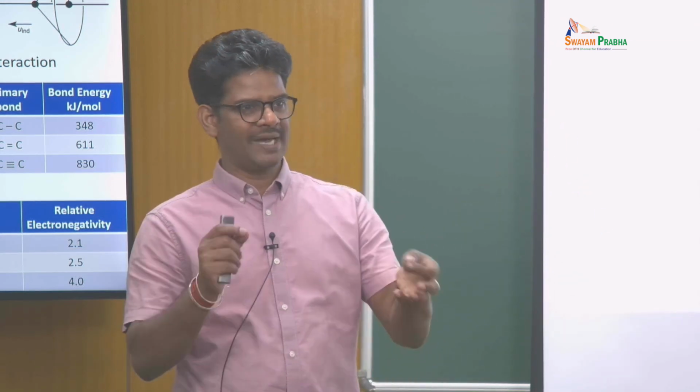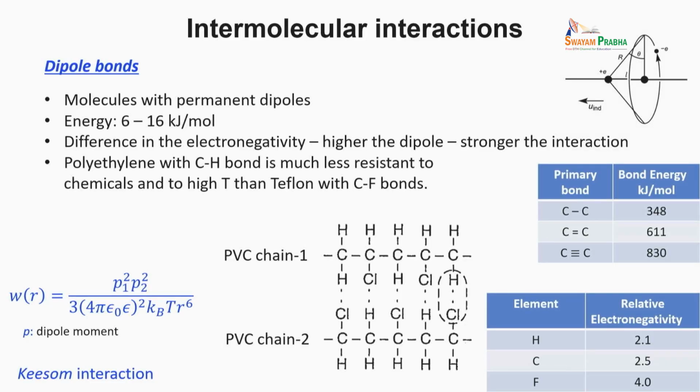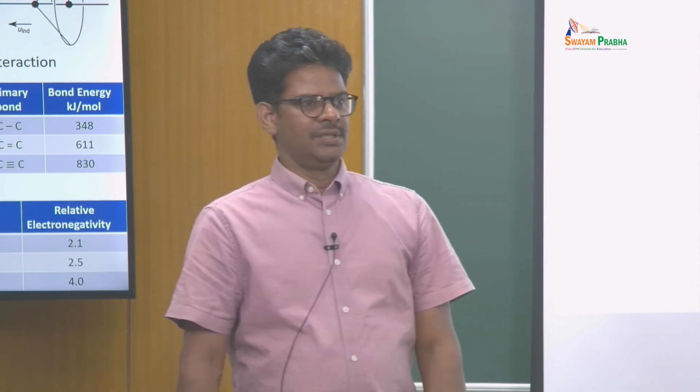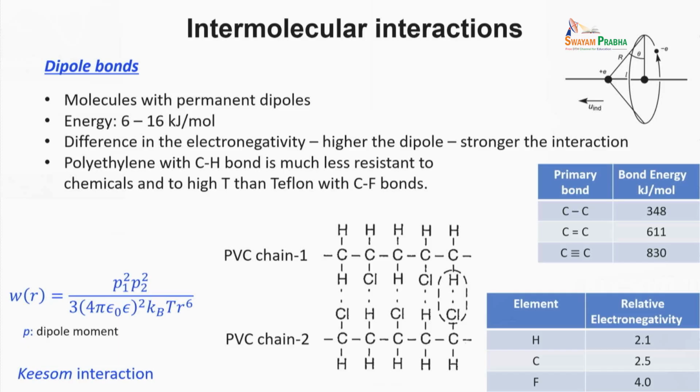But if you have unlike atoms, you square the dipole moment of each and then multiply. There are some other constants. This also goes as 1 by r to the power 6, with a negative sign, meaning it is an attractive dipole-dipole interaction. It scales in the same way as van der Waals interactions, but the magnitude can be higher.